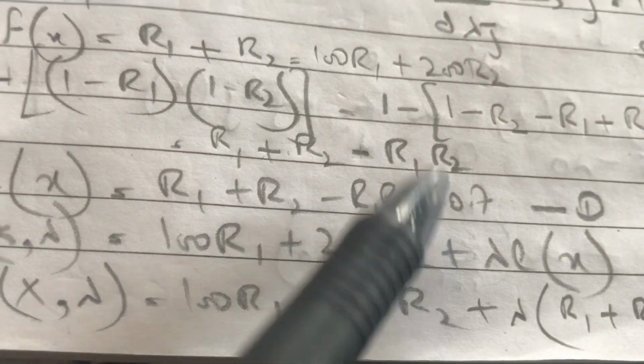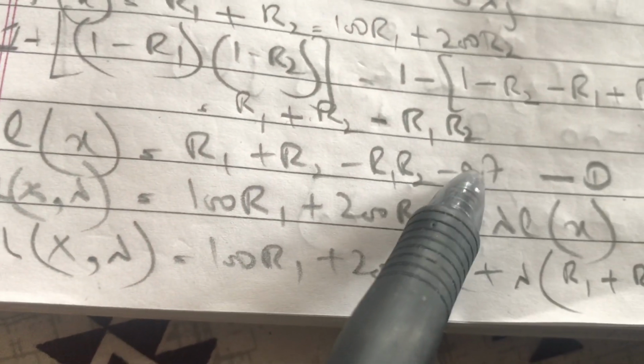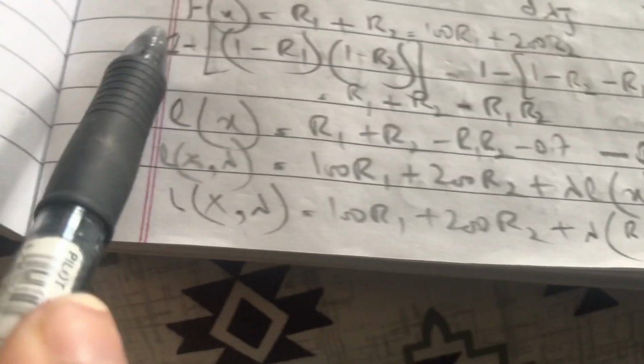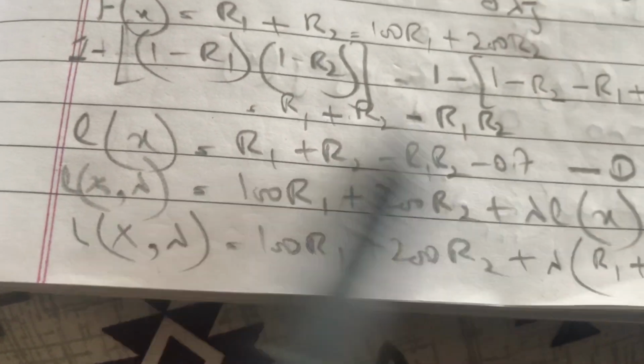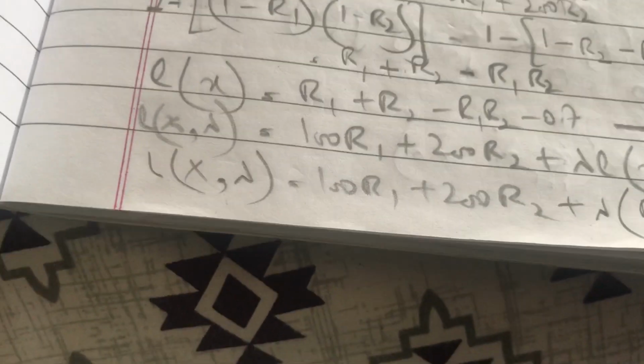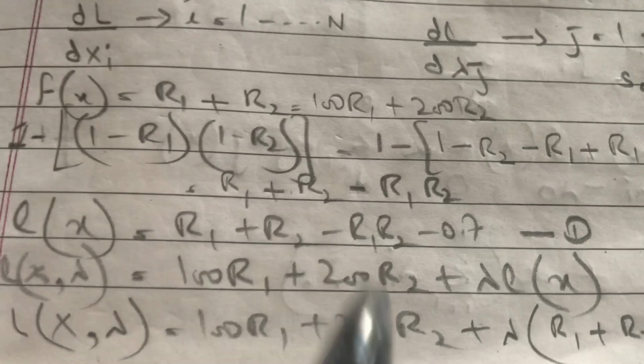So that's why we have minus 0.7 right here. So this is the way of writing our Lagrange function of x: r1 plus r2 minus r1 r2 minus 0.7. This is basically the Lagrange multiplier method.